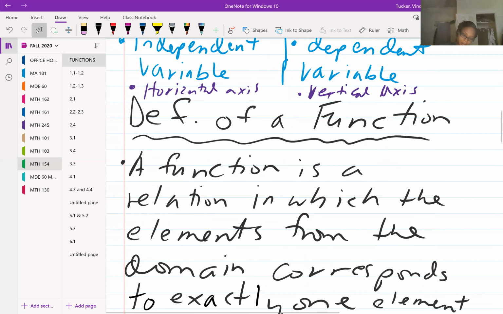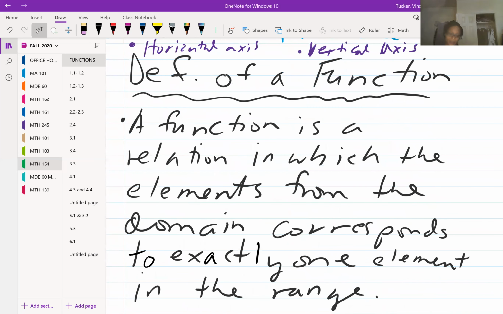All right. So definition of a function. A function is a relation in which the elements from the domain correspond to exactly one element in the range.